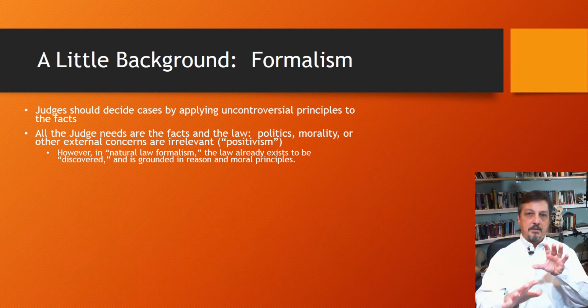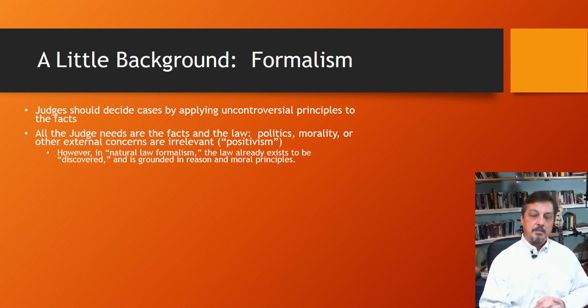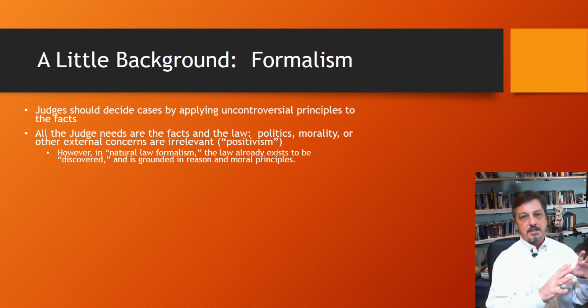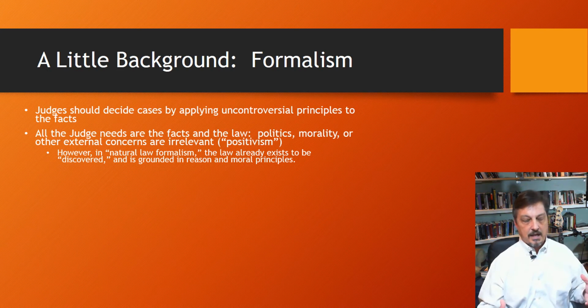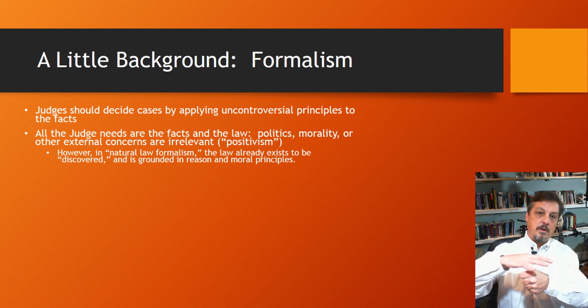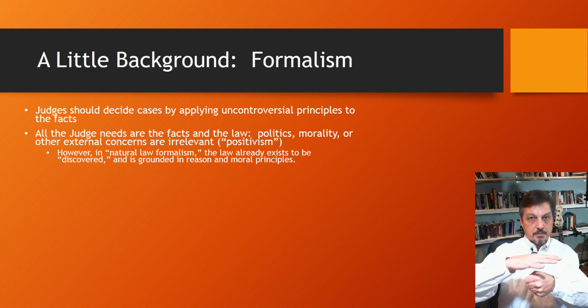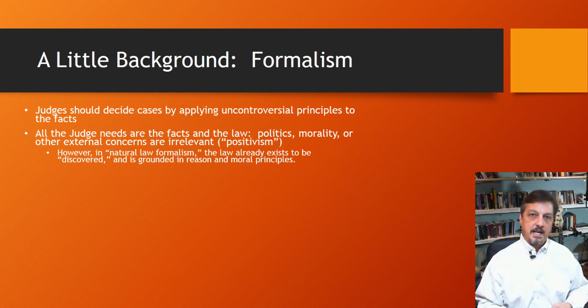Now, I noted that these categories sort of blend together. It actually can be relatively difficult to distinguish and define even what is natural law, what is formalism, what is the next thing we'll talk about, which is realism. So there are natural law formalisms. I mean, some of these 19th century formalist judges, and even today, judges that have formalist tendencies, might say they're referring to uncontroversial principles that are uncontroversial because they also relate to some sense of natural law.